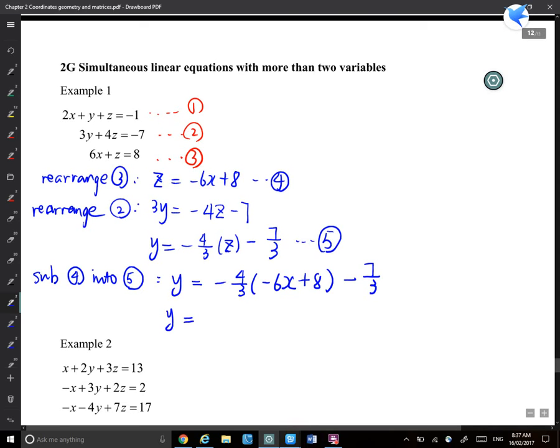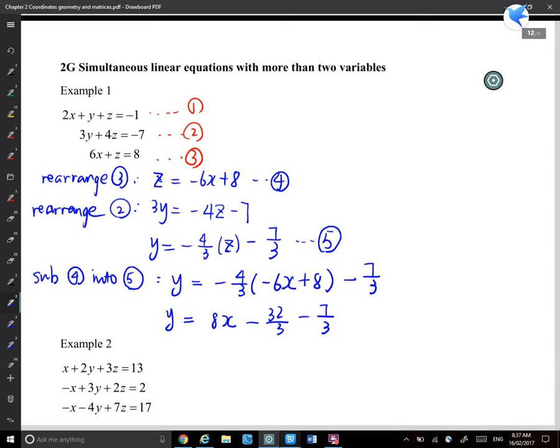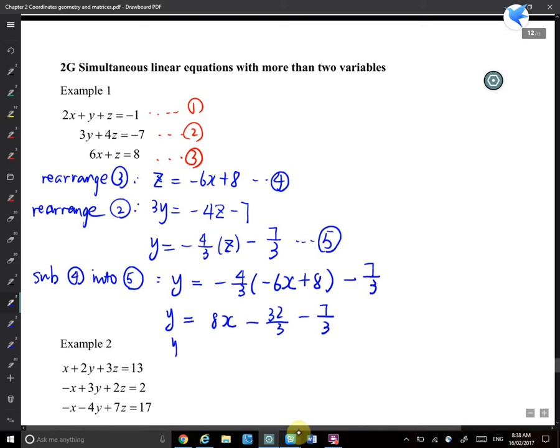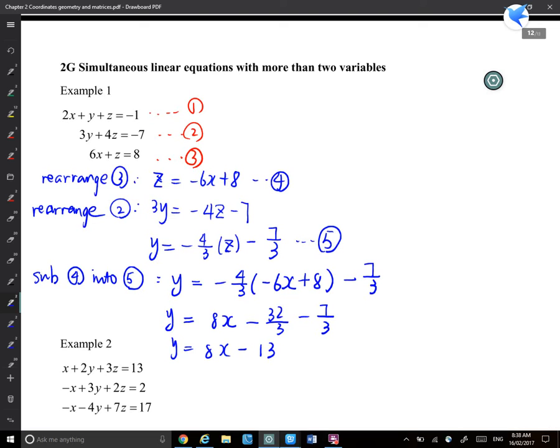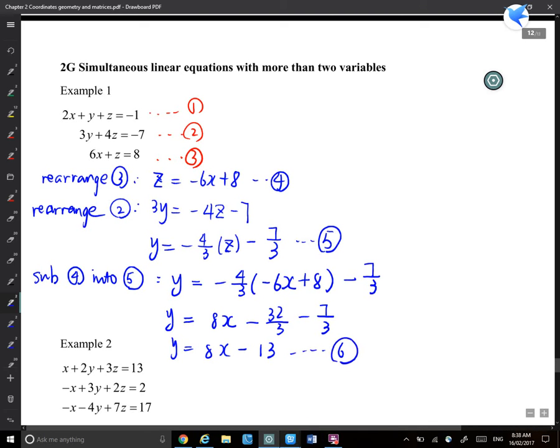So y equals 8x minus 32 over 3 minus 7 over 3. So it's minus 39 over 3, which is 8x minus 13. Right? 8x minus 13. Let's say that's number 6.